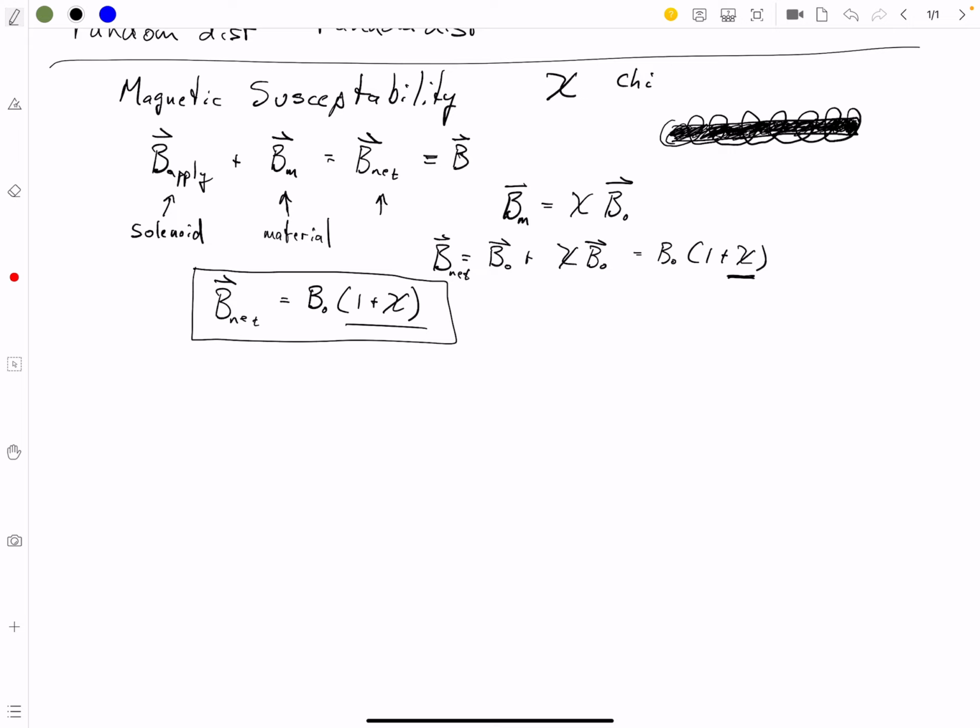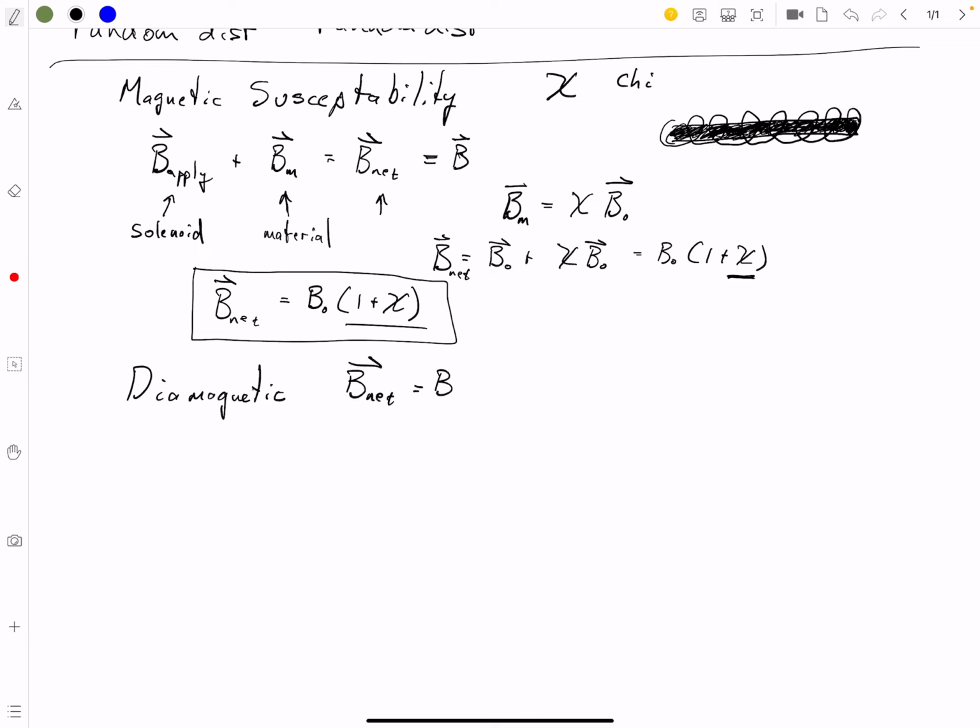So diamagnetic materials oppose the applied B field and therefore reduce the net B by chi. So in a diamagnetic material, the B net is reduced.